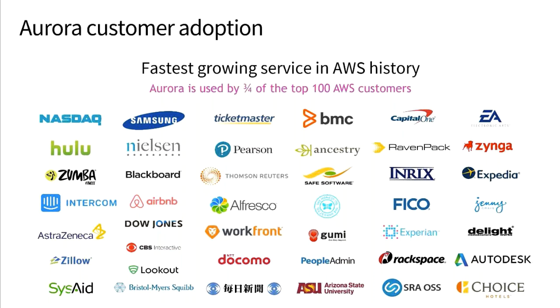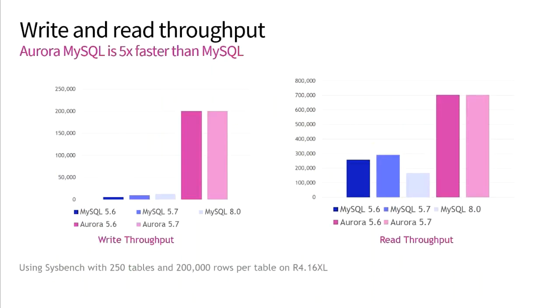Now, how fast is it? Because of the changes we've made to the storage layer and other optimizations in Aurora, we've measured using Sysbench benchmarks performance of up to 5 times faster than a standard MySQL database. Obviously, you need to test it with your own workloads. This can vary.